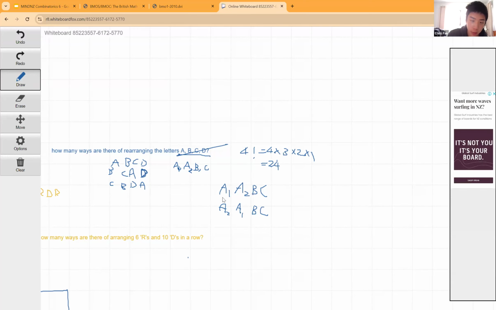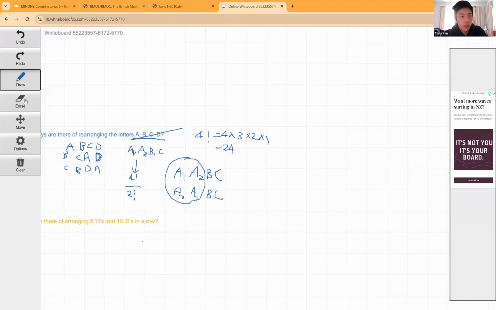So the answer for this one is you get your 4 factorial as before, but you have to divide by 2 factorial, where 2 factorial is the number of ways of arranging the A's. If you had something like the number of ways of rearranging the letters A, A, A, B, C, and these were all distinct, the answer would be 5 factorial, but you have to divide by the factor by which you overcount. In this case, it's 3 factorial, because there are 3 factorial ways of arranging these 3 A's.